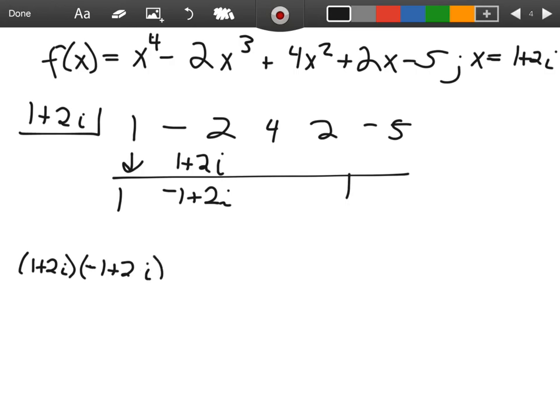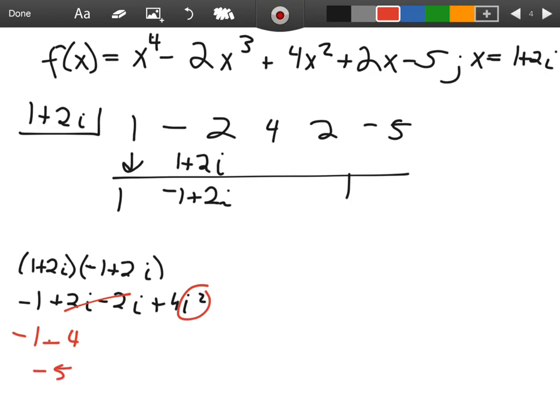Okay, so I'm down here, I'm going to do that on the bottom. It's going to give you -1 plus 2i minus 2i plus 4i squared. These guys cancel. I have -1 minus 4 because this guy's just -1. And so it's -5.